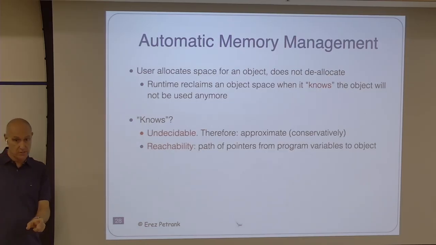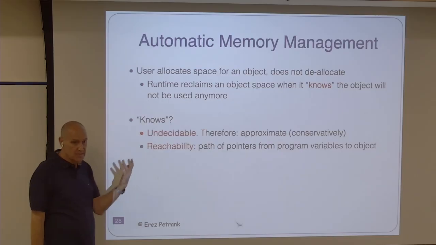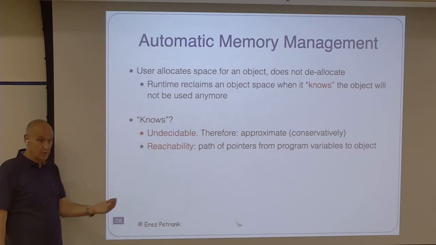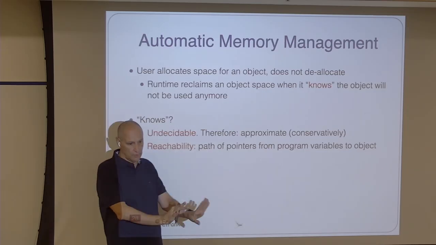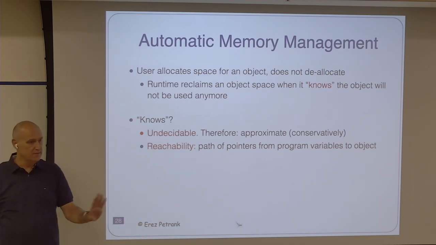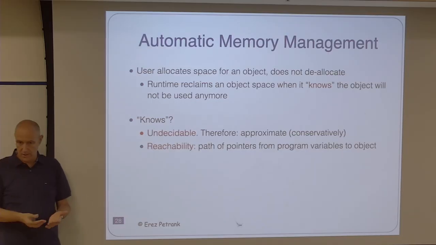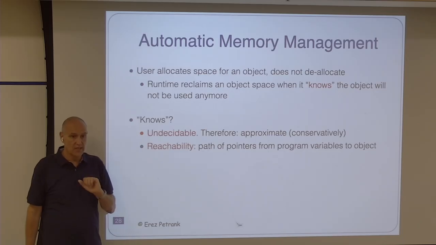From the heap, each object has more pointers, so you could go by a path of pointers to various objects. If an object is reachable, then we say it's alive and the program is going to use it. Maybe it's not going to use it, but if it's reachable, we're going to keep it. If it's unreachable, there's no way the program can get to it, and there's no way it is going to be used subsequently. So if it's unreachable, then we can reclaim it.